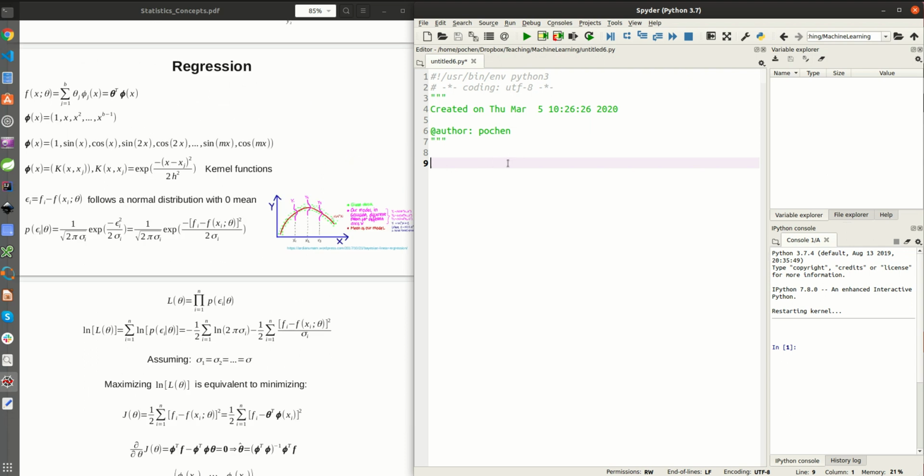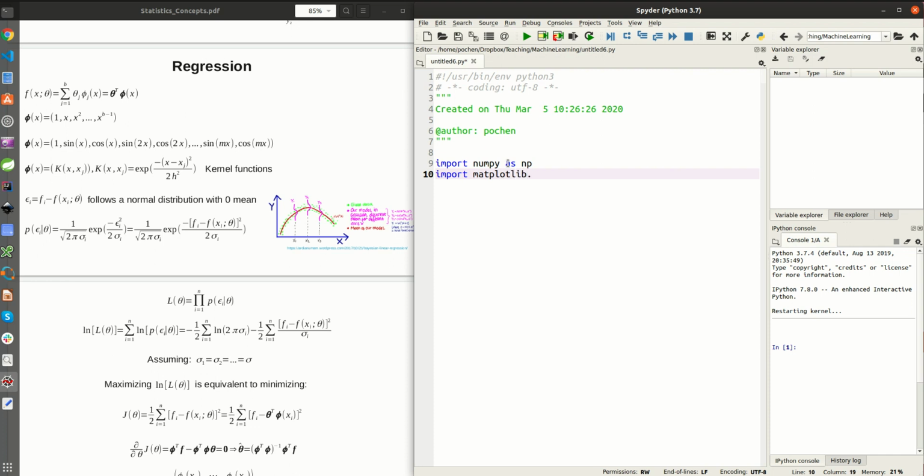But let's keep using our previous fake training data. Import matplotlib.pyplot as plot, and then again, let's generate the fake training data.